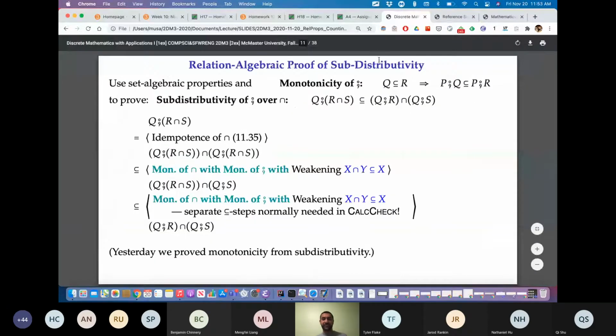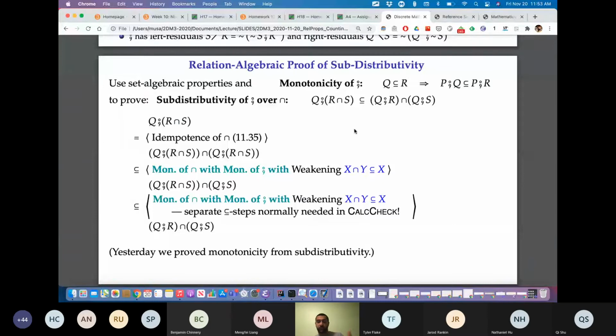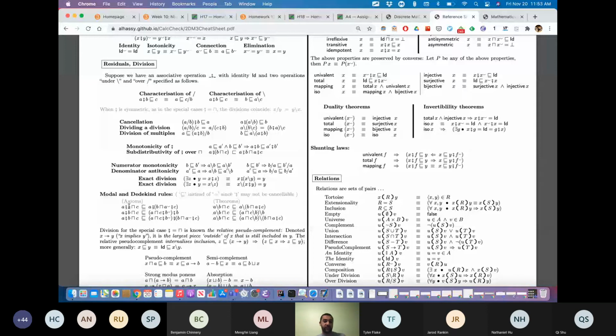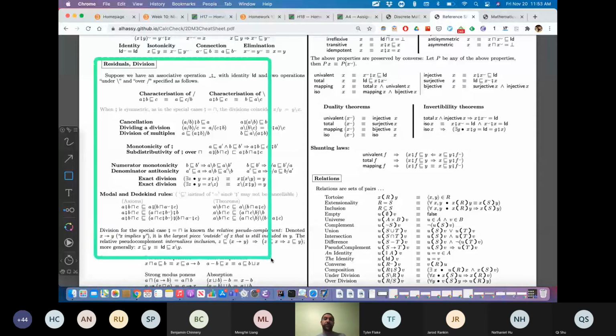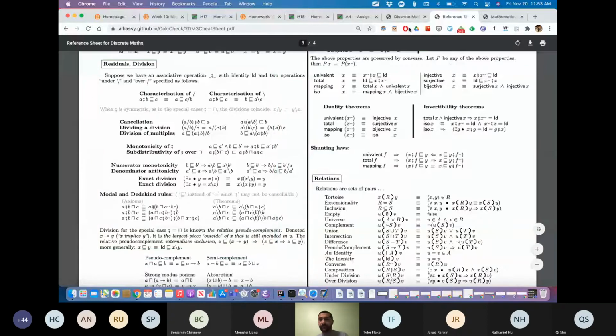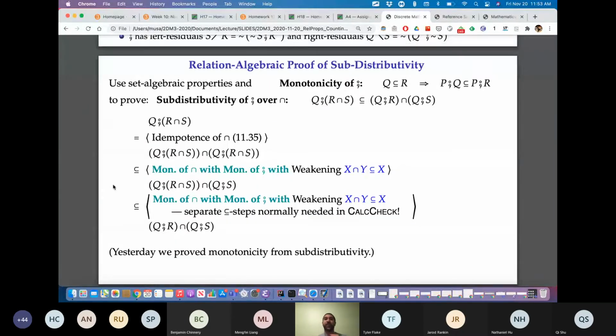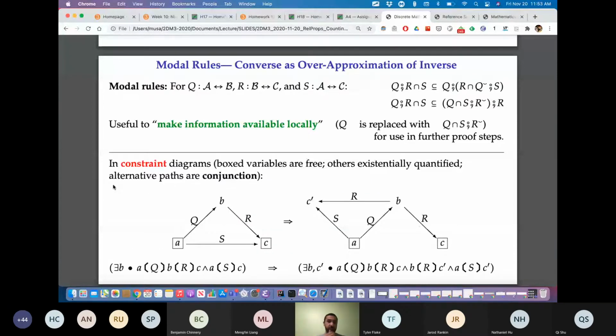We're using intersection and union to continue with that set theory trend, and this is what's normally used. But in the abstract setting, it's still the same proof. These relation algebraic proofs are just the abstract proofs you're familiar with from assignment 3 and assignment 4. And they're much easier because they hide away all the quantifiers. So that's nice. Okay, next.